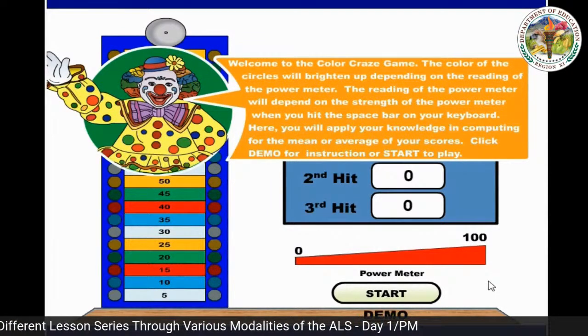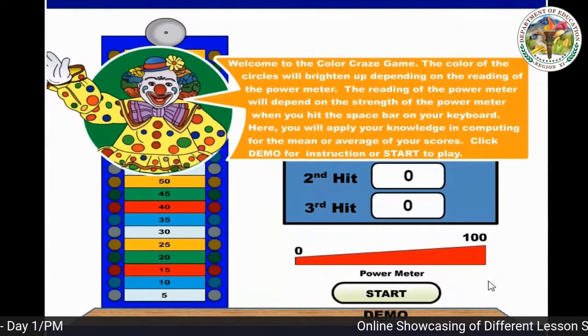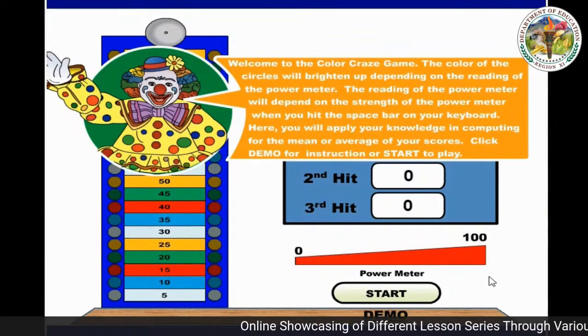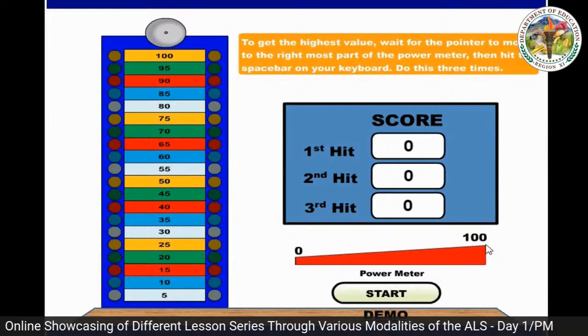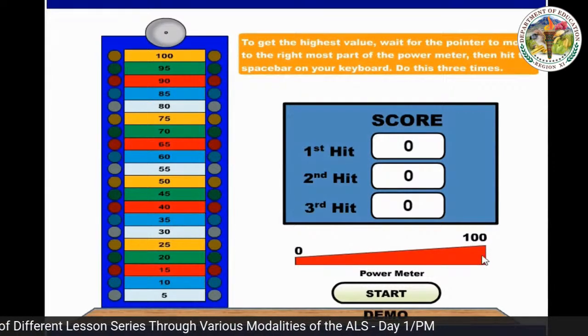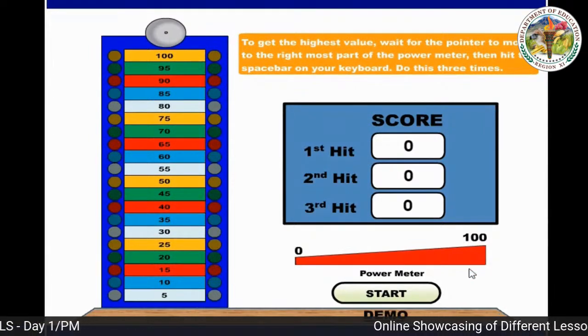Here, you will apply your knowledge in computing for the mean or average of your scores. Click Demo for instruction or Start to play. To get the highest value, wait for the pointer to move to the rightmost part of the power meter. Then, hit the spacebar on your keyboard. Do this 3 times.